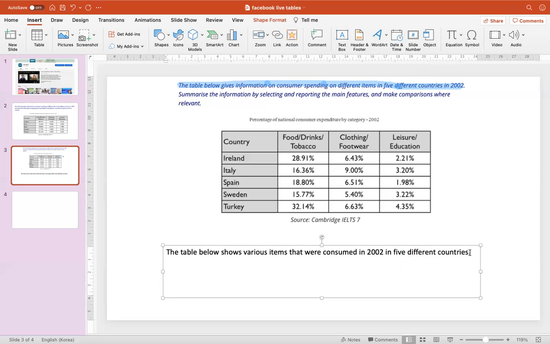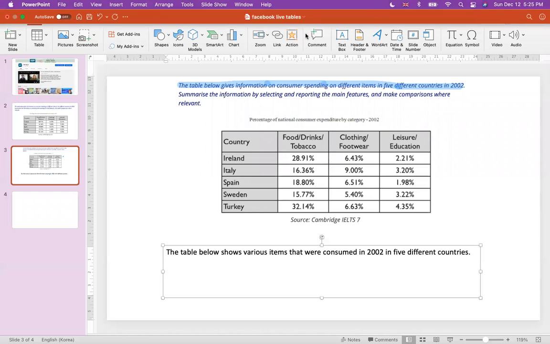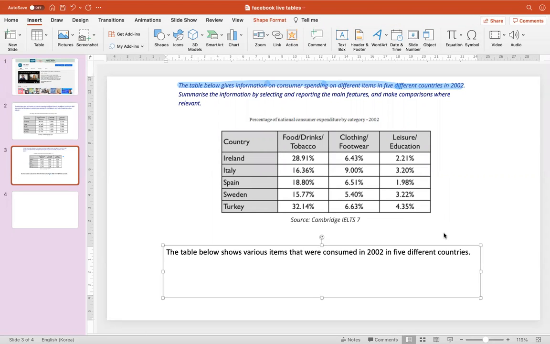All right, next. How do we start the overview? Yeah, we start by reporting on the overall. That's right. So you got it. So first we got our introduction, which is very simply a paraphrase of usually the first sentence in the question.